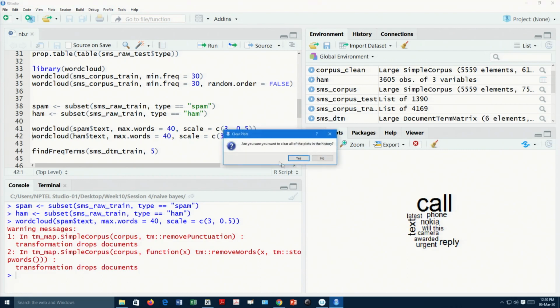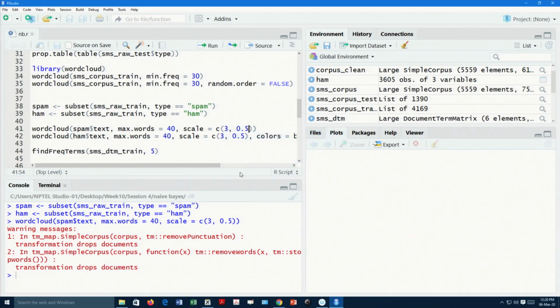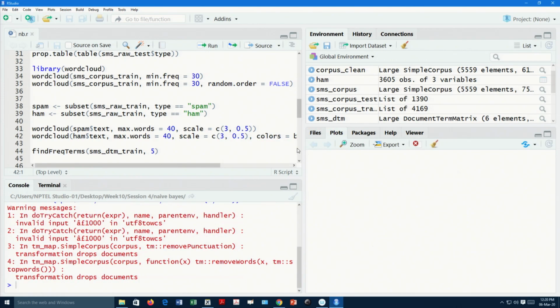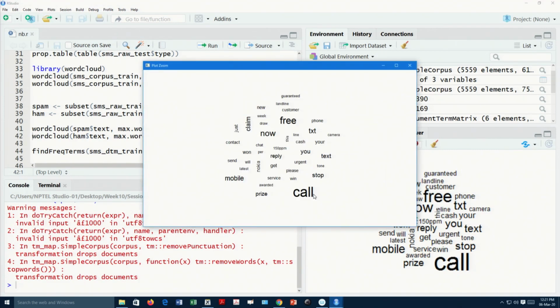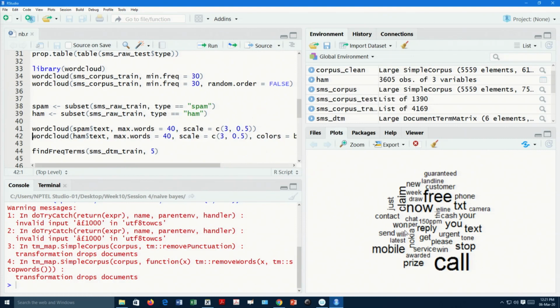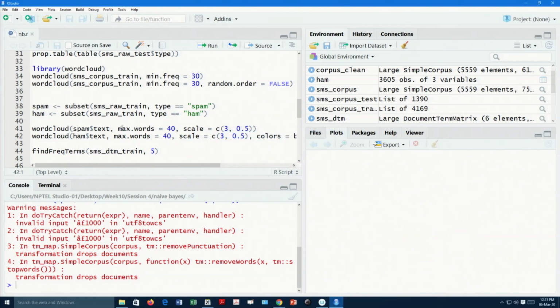Let me draw it once more, it did not come properly. So, I will draw it with spam, and if you see carefully, the words that are coming up are call, free, now, mobile.